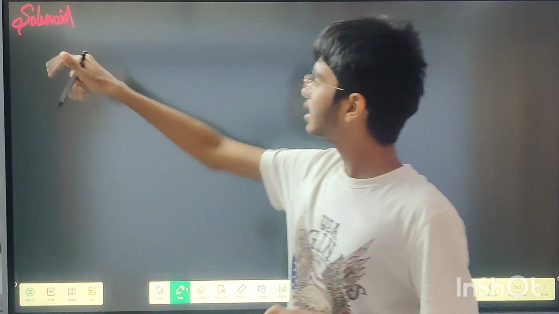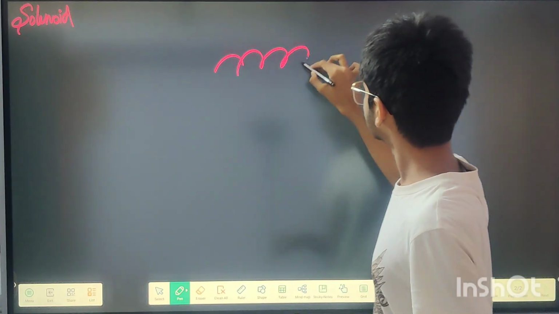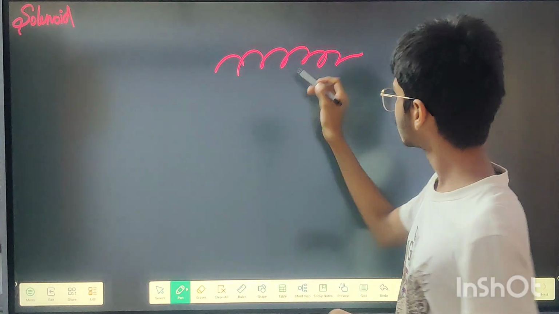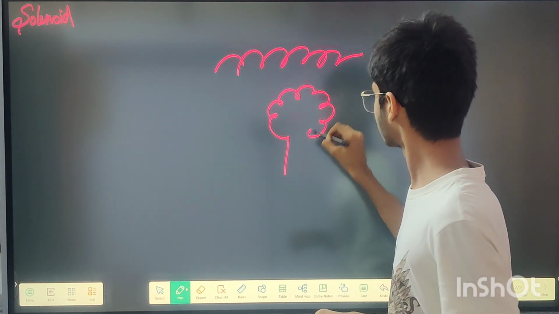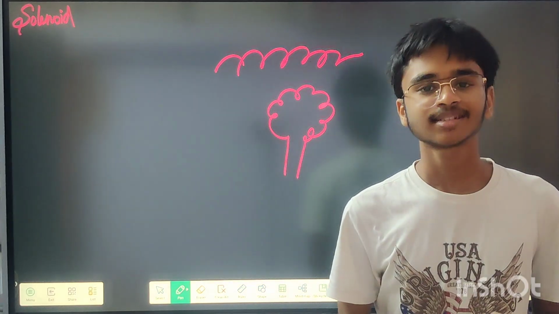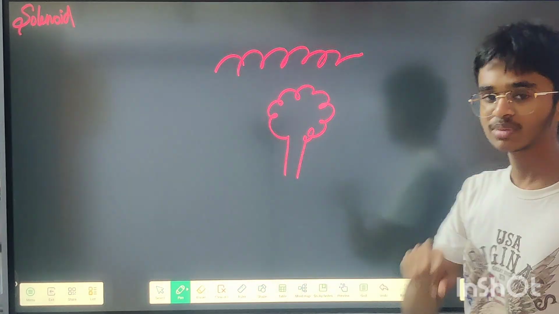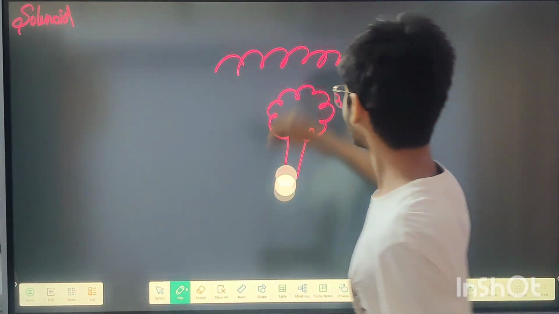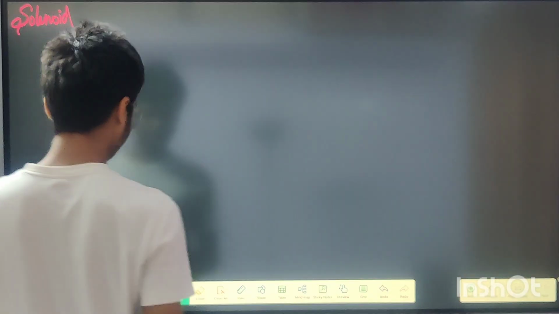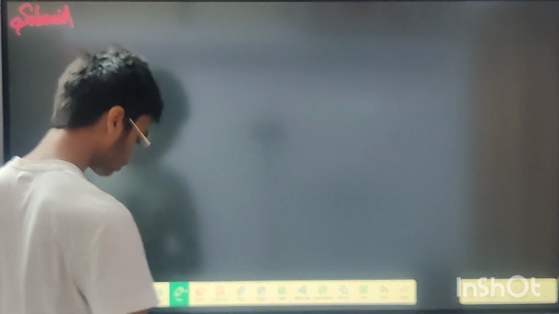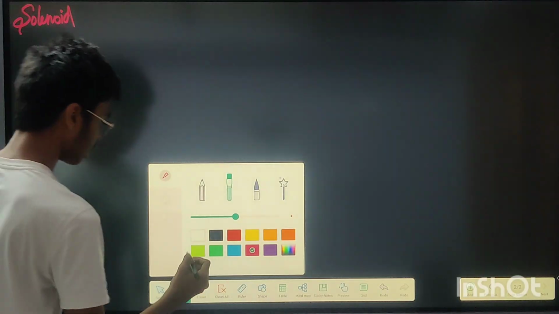When you bend the solenoid into a circle, it becomes a toroid. These two are literally very similar.